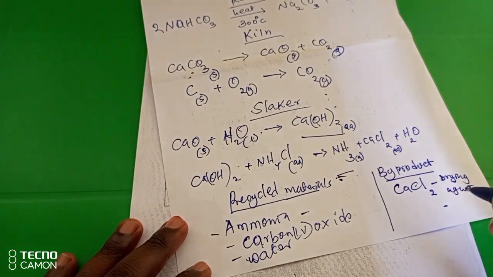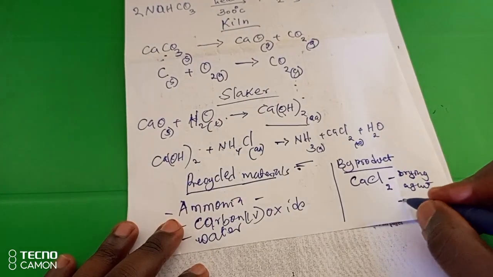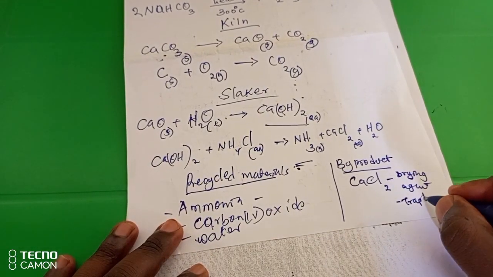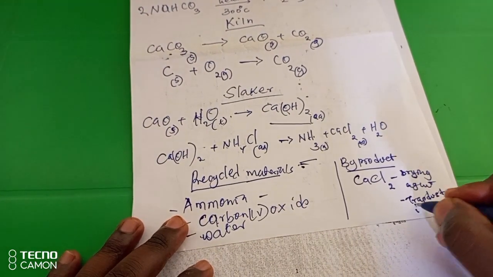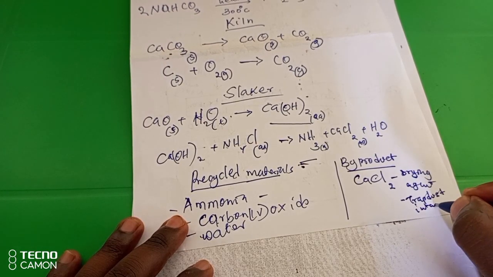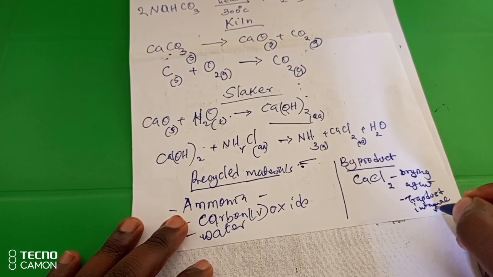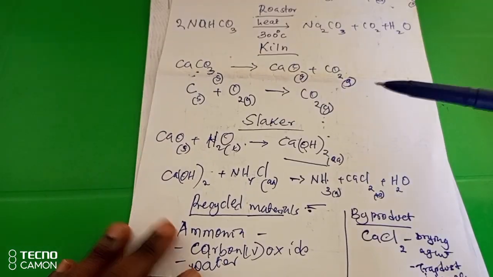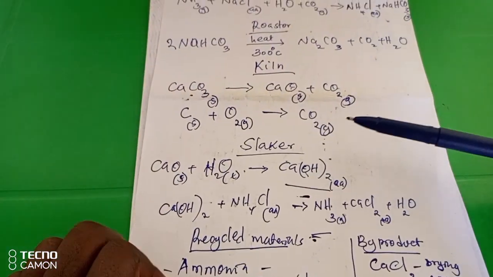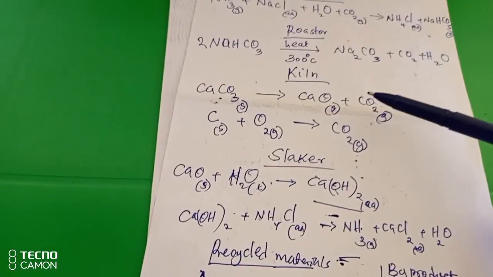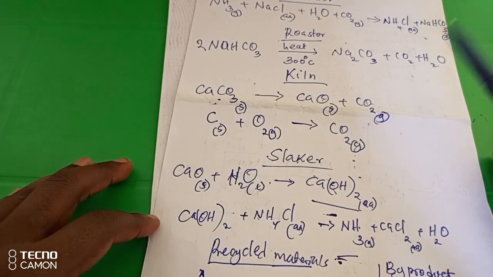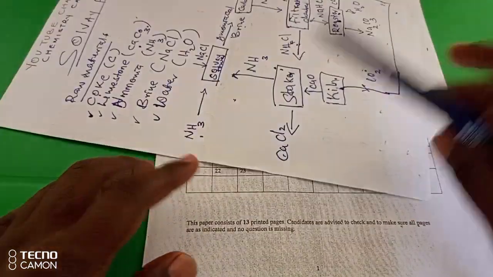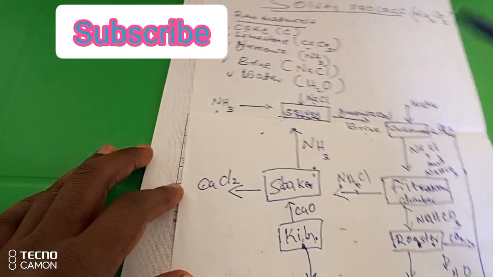It's also used to trap dust in tarmac roads. So that is the Solvay process. It has various chambers where we have different reactions.